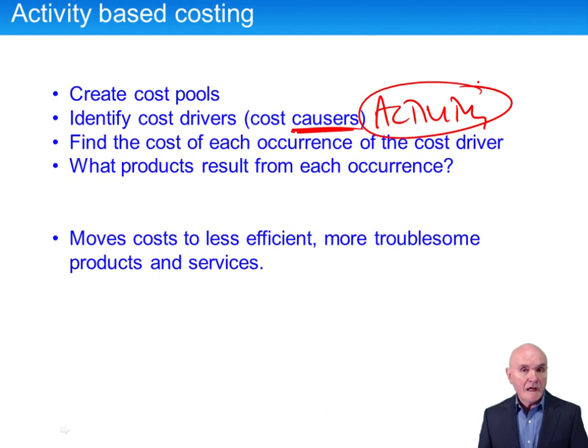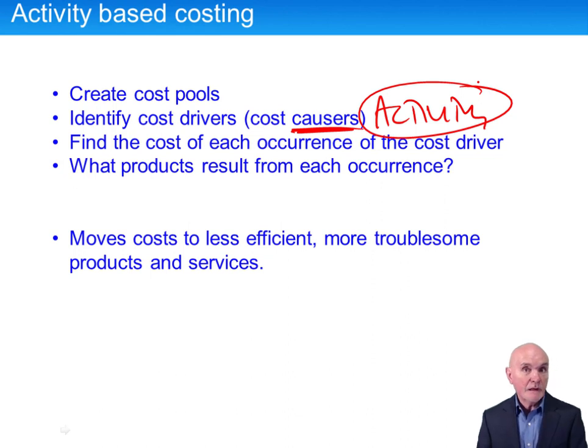Find the cost then of each occurrence of the cost driver. So every time you inspect 100 items, what's that going to cost? Every time you set up the production line for a run, what is that going to cost? And then once you have the cost per activity occurrence, you can work out, for that cost, how many units am I getting?